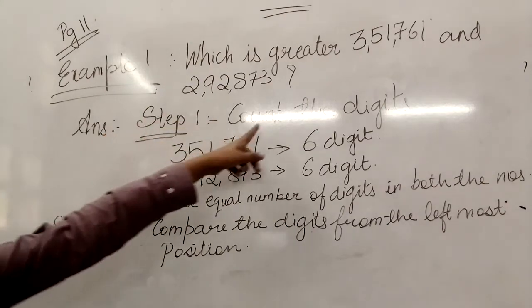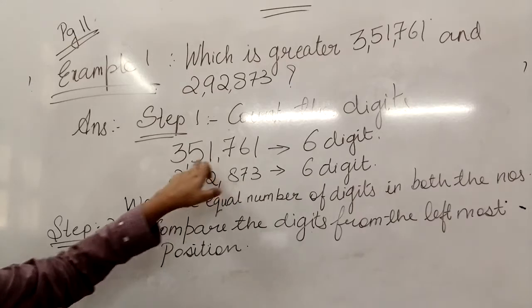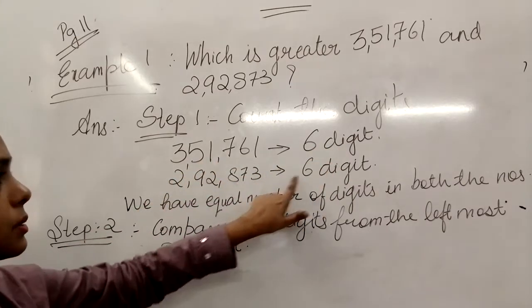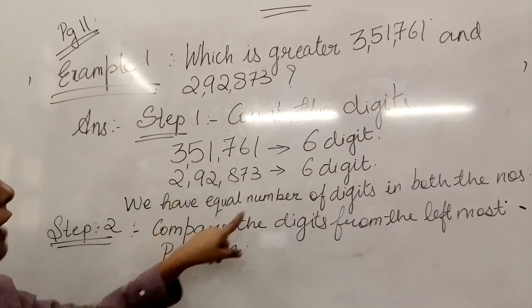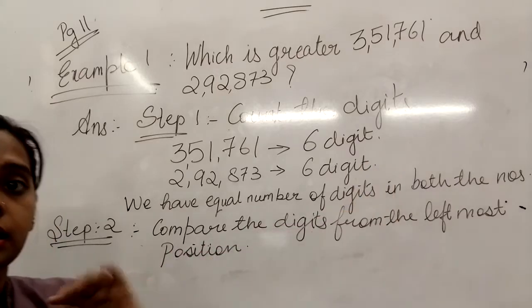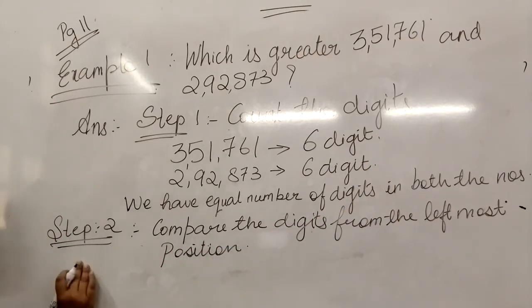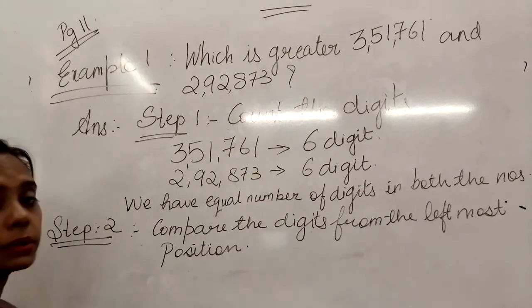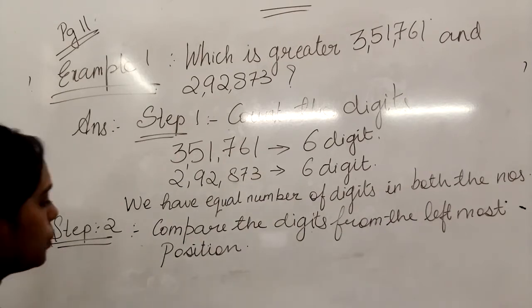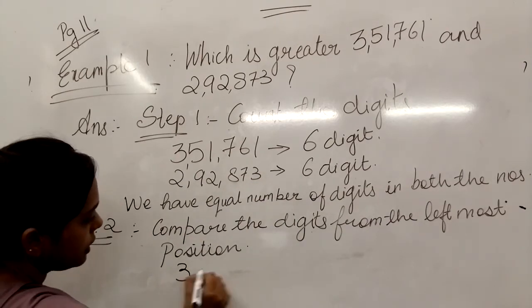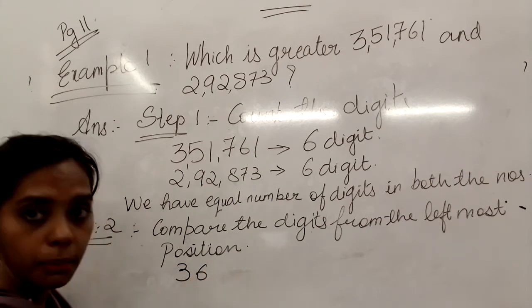So step 1 is to count the digits. You have counted the digits, it has 6 digits and this one has 6 digits. So we have an equal number of digits in both the numbers. Then we will go to step 2. Now step 2, compare the digits from the leftmost position.